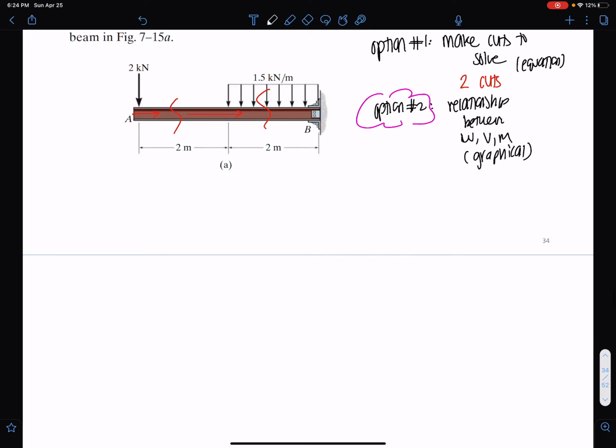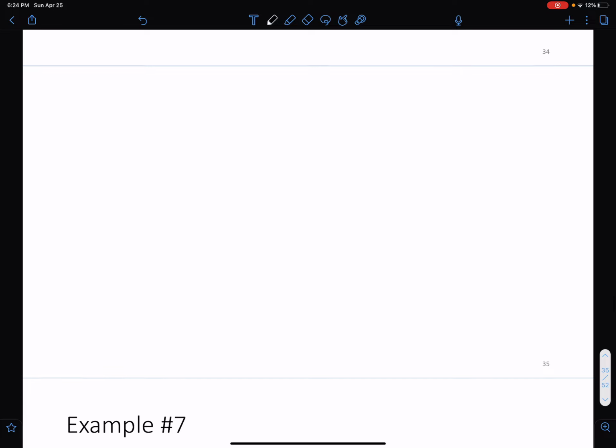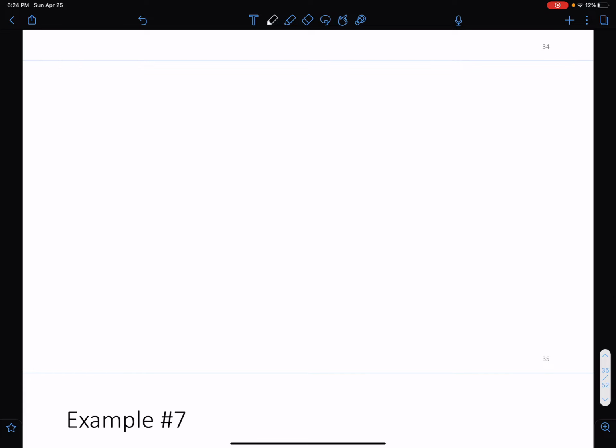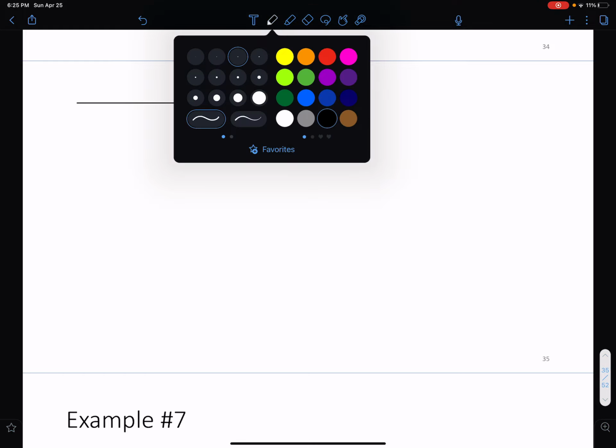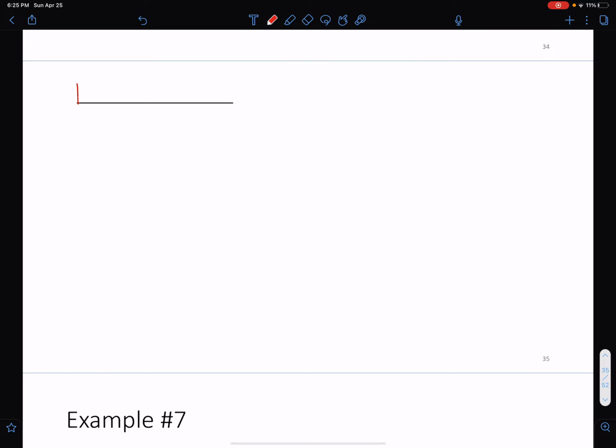So let's go ahead and redraw this system here. I have a 2 kilonewton load, and I have a distributed load of 1.5 kilonewton per meter.